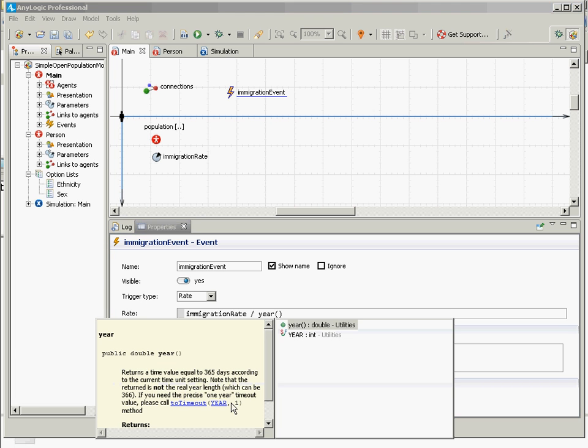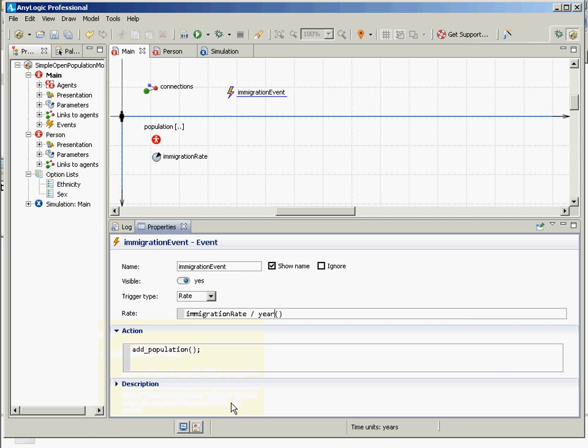I see, okay. I appreciate what you're saying. That's nice. It's a little bit like what we were saying. You could divide by 365, but this basically allows you to do it in a way that adjusts automatically. If you were to change the time unit for the whole model, it would still remain fine. That's very interesting. I didn't know about that function, and I'm grateful to know about that.